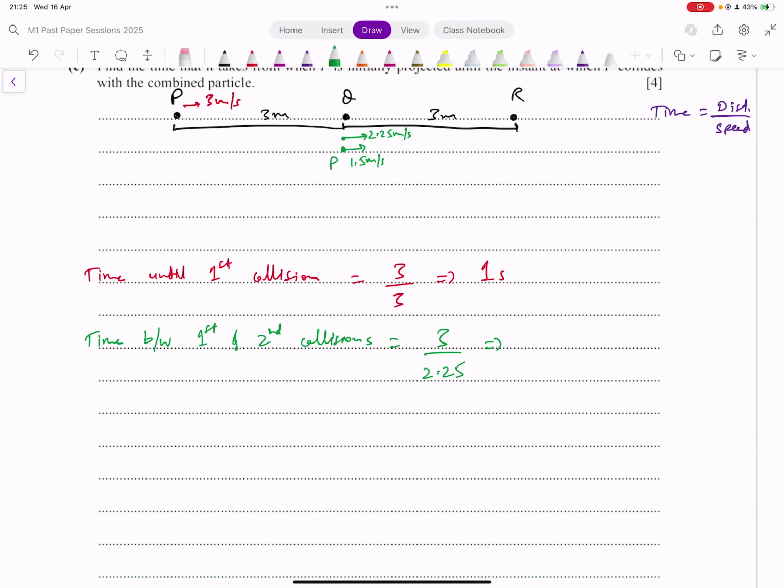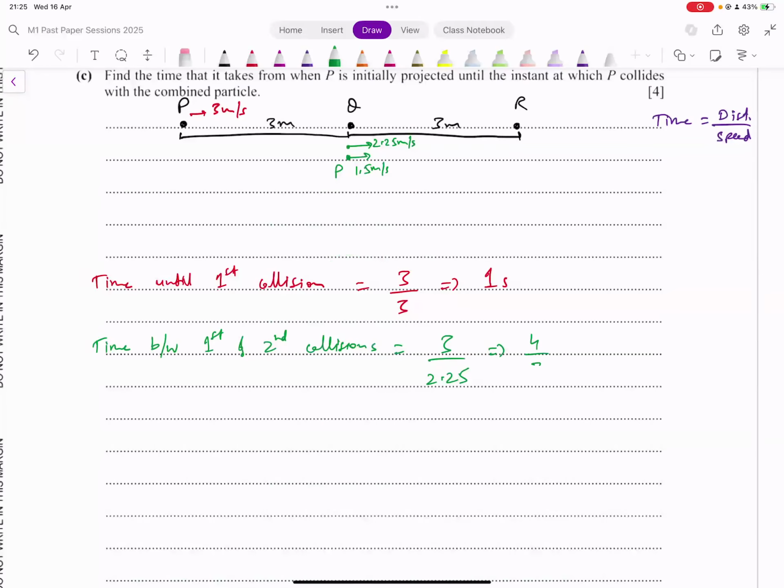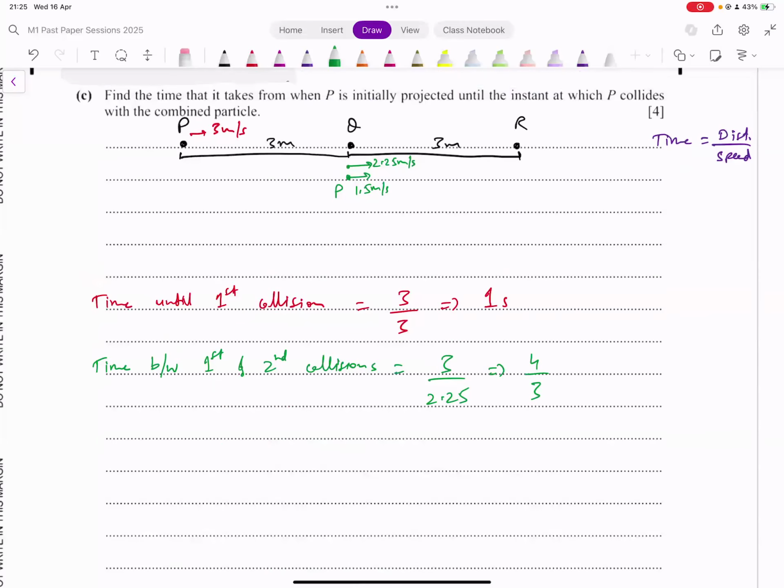What's this value? It's 4 over 3. Okay. All right. So let's just keep it like that. 4 over 3. That's the time between first and second collisions. Now the problem is, while Q is moving to the right, how much time passes? 4 over 3 seconds.